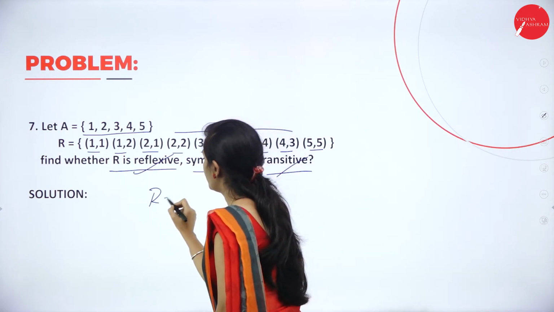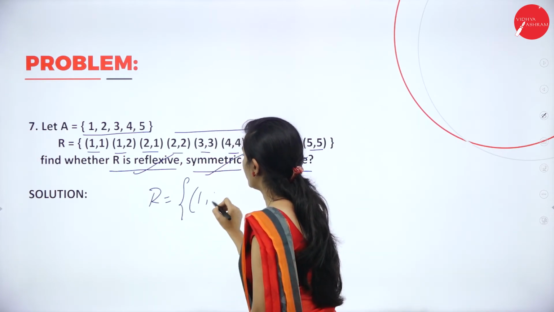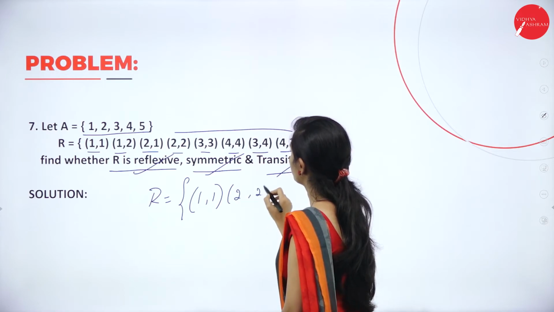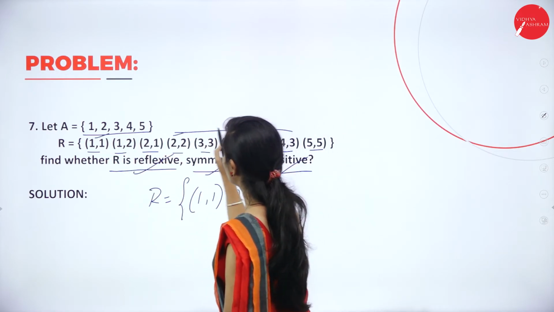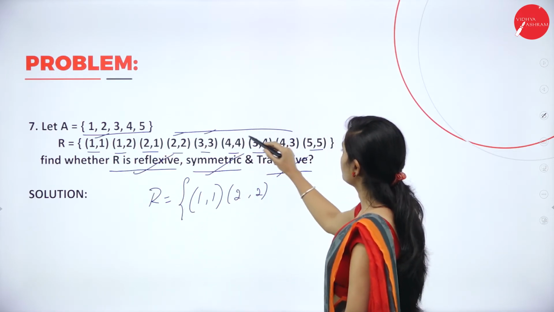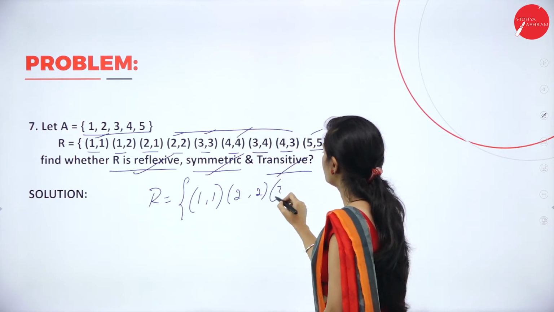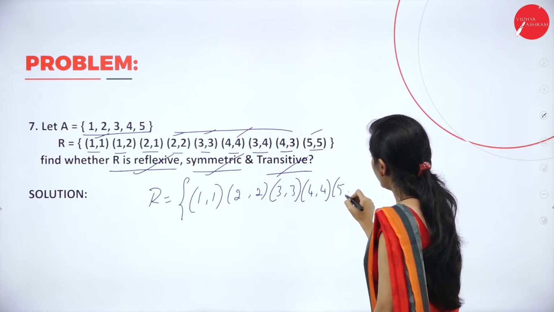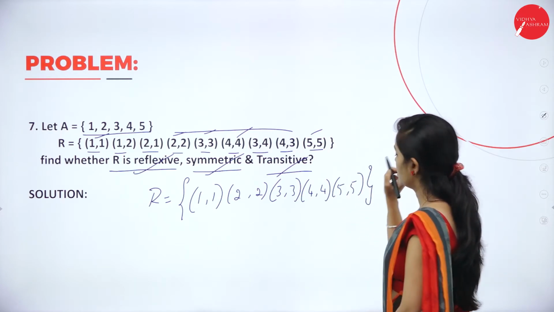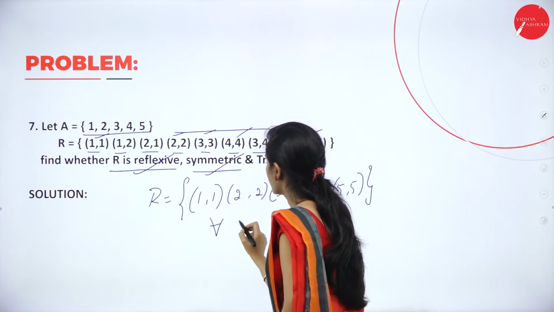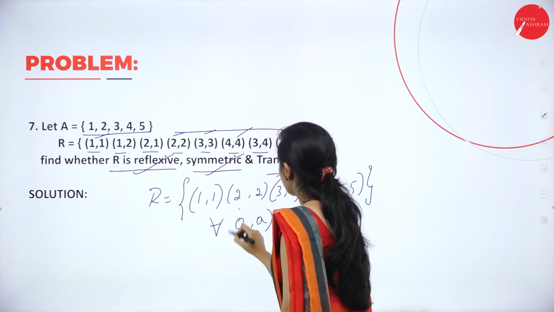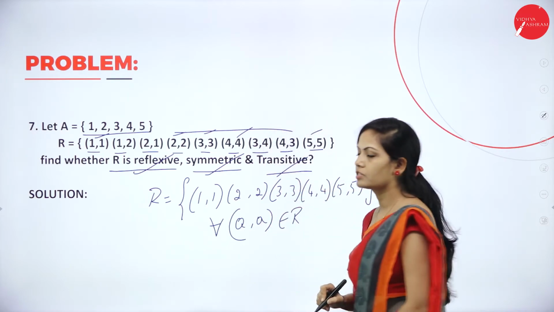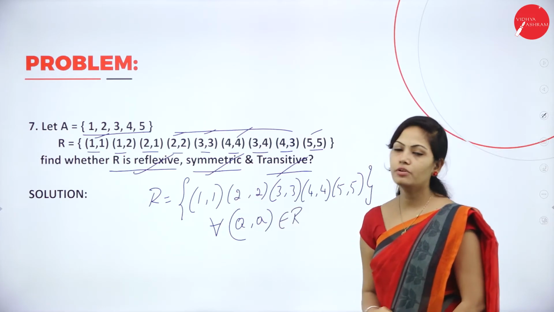So R is equal to (1,1), (2,2), (3,3), (4,4) and (5,5). (1,1) is there, (2,2) is there, (3,3), (4,4) and (5,5). For all a belongs to A, (a,a) belongs to R. So it is the reflexive property.